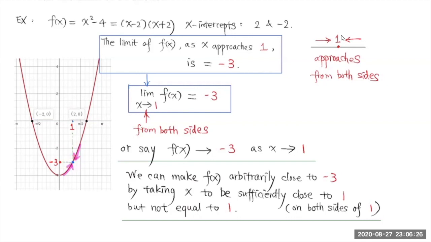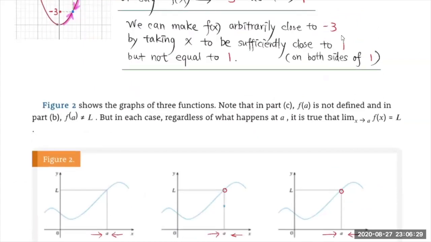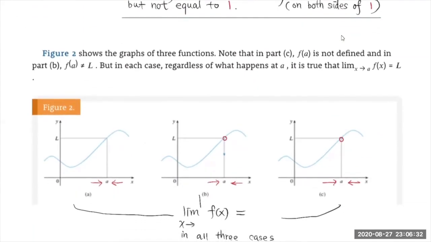All right, so now over here we have 3 examples, 3 cases. Now the difference between them: this one, the curve here has no break. There's no break at a. This one here, there is a break, a gap over here at a. Let me indicate that.